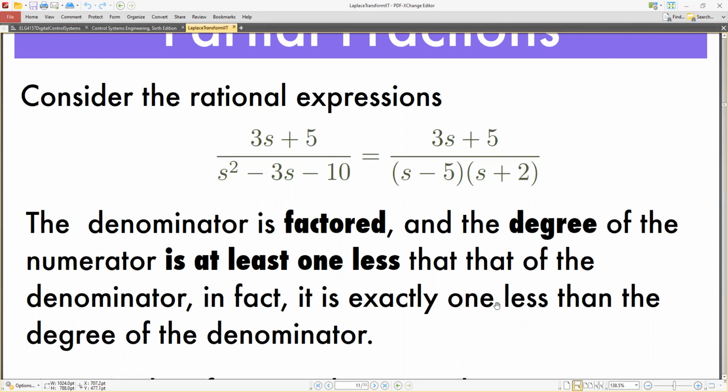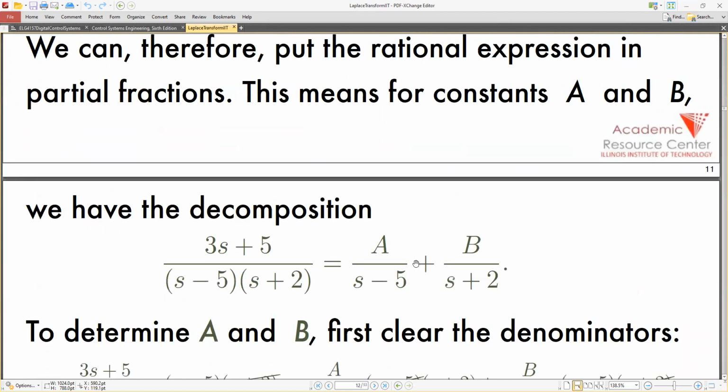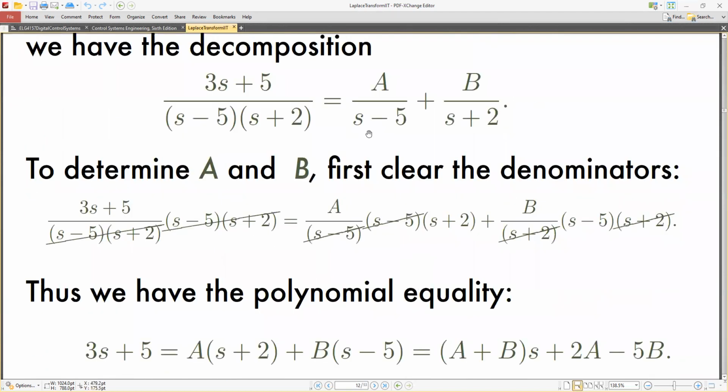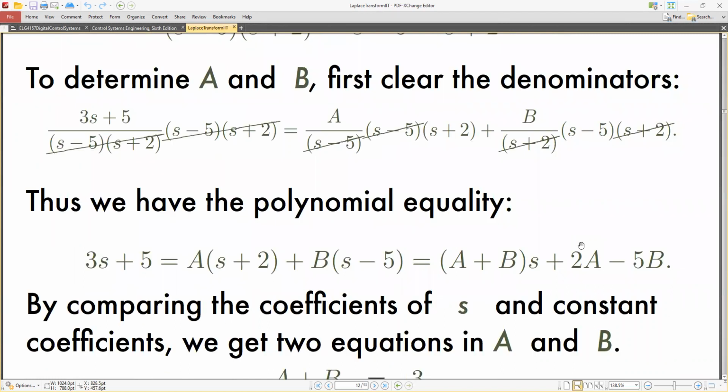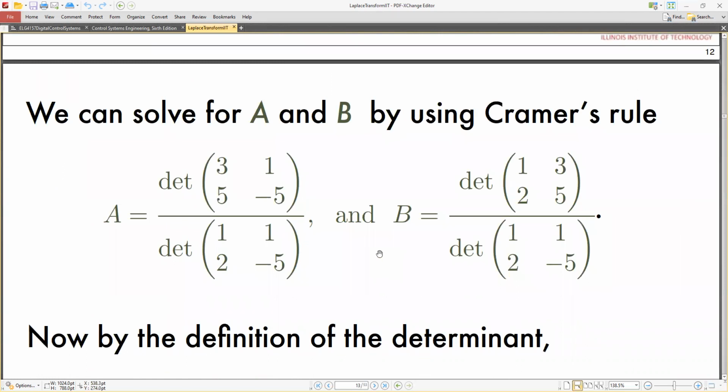In fact, it is exactly one less than the degree of the denominator. We can therefore put the rational expression in partial fractions. This means the constants A and B. So if we decompose it, like the partial fraction, then we'll get these values.